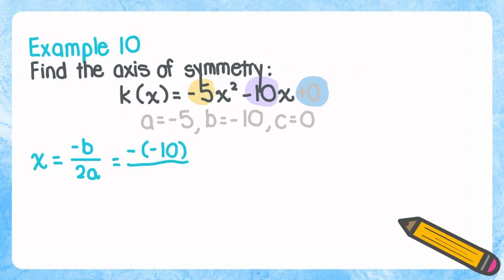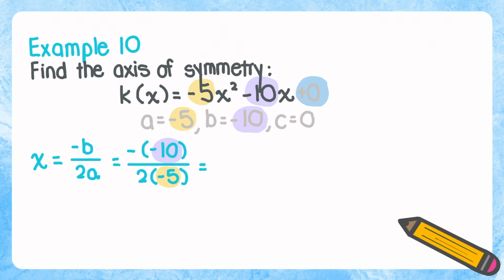And for the denominator, we're going to have 2 times negative 5. It's because b equals negative 10, so right here, and a equals negative 5, right here. So we're replacing the letters with numbers.